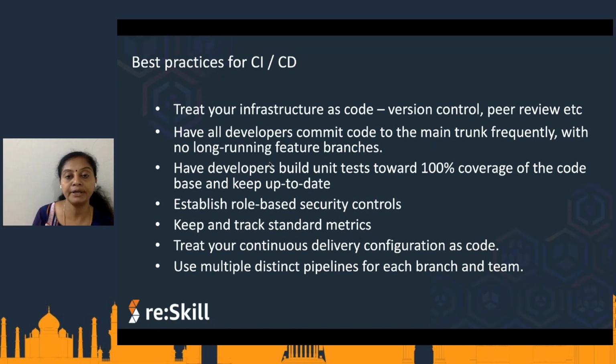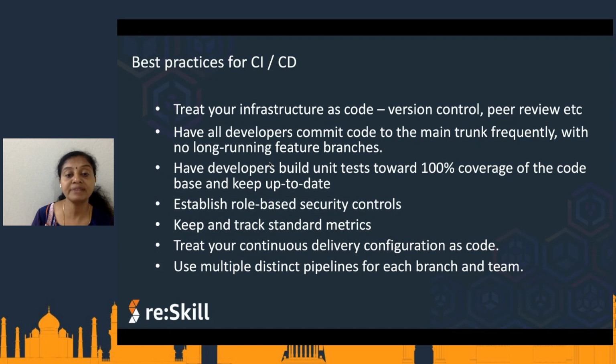It could be from your integration branch or alpha branch, so that your feature branch gets the required changes as often. And have the developers build unit tests with 100% coverage, so that all of your commits or the application features being developed are validated before even it gets deployed into the staging environment.